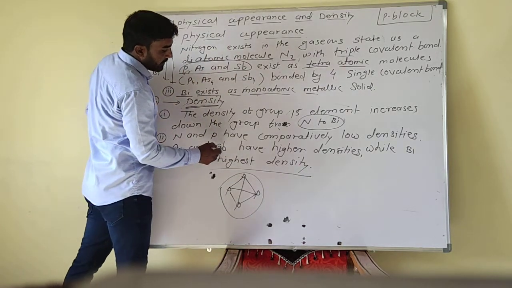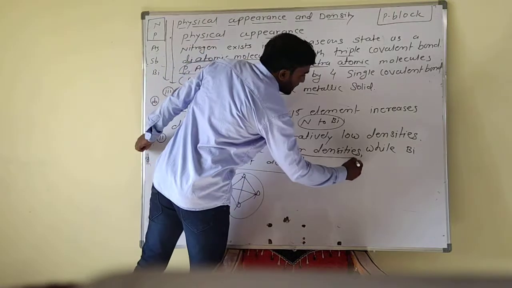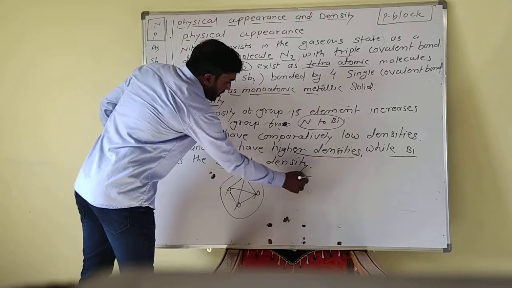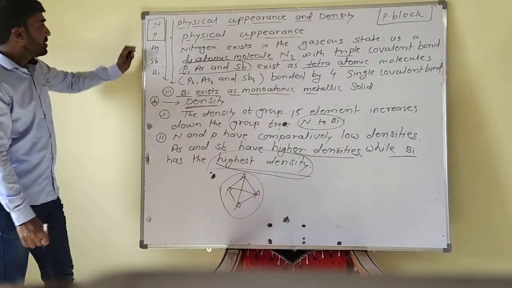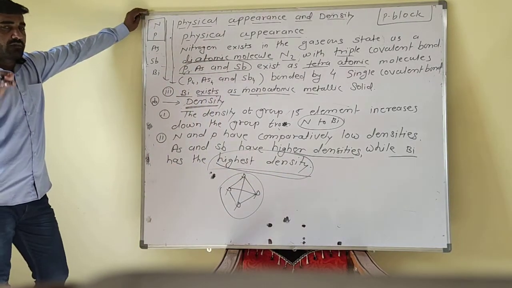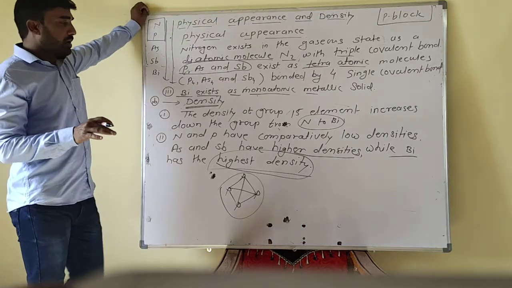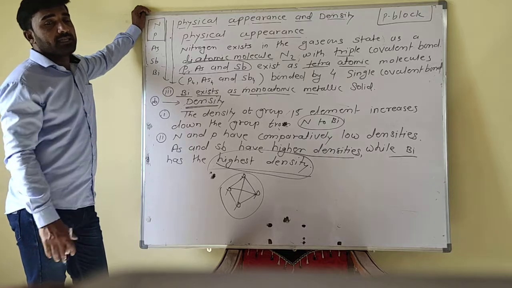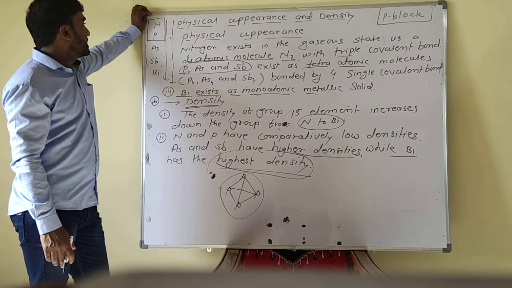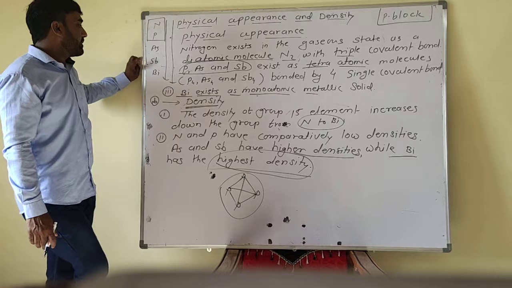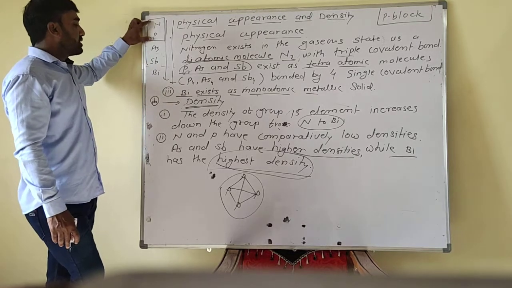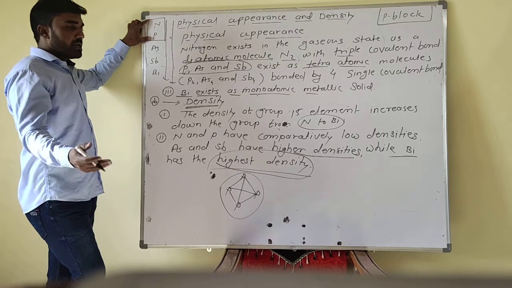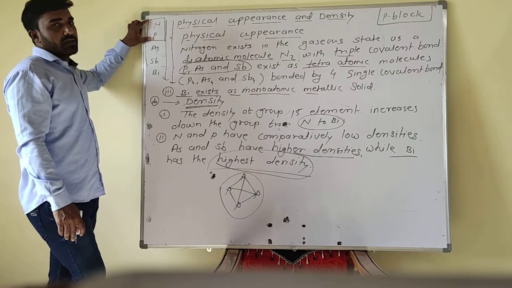So one concept is clear, that from top to bottom, or down the group, from nitrogen to bismuth, density increases. Nitrogen and phosphorus, as compared to the other elements, have low density, depending upon the absence of d orbital.